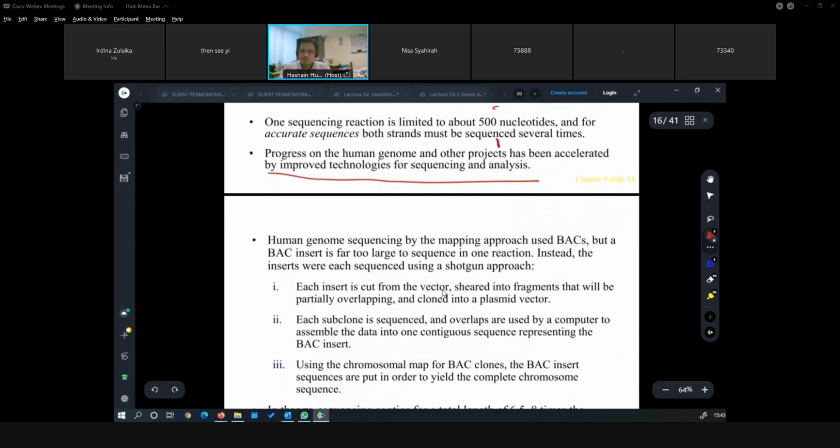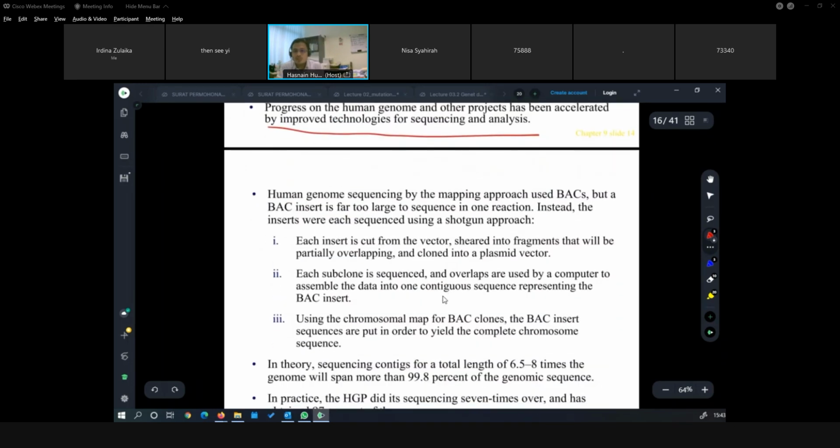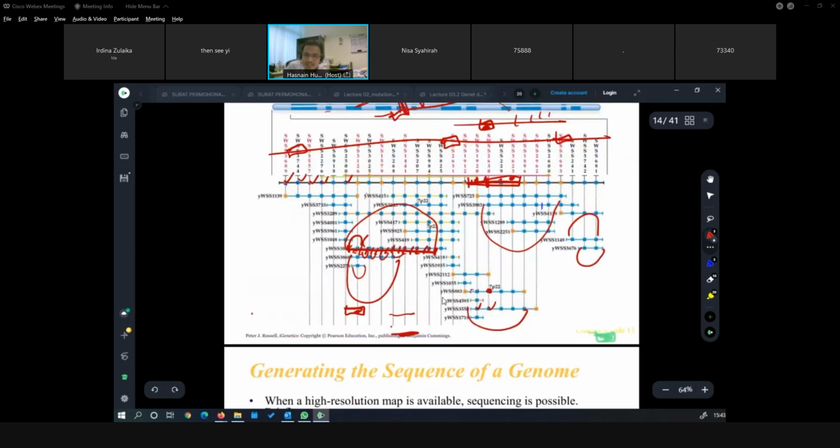When you cut into smaller pieces, for example, they started using this, and then another group came in. Not only that, they started to cut the entire chromosome into smaller pieces. That is the second group who did the sequencing.